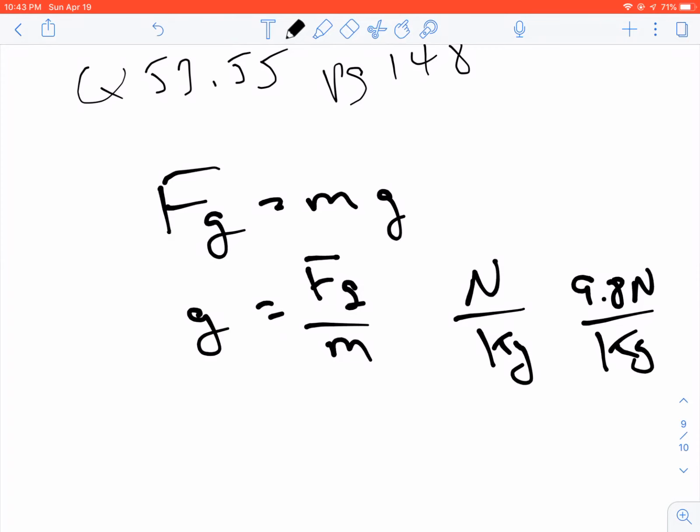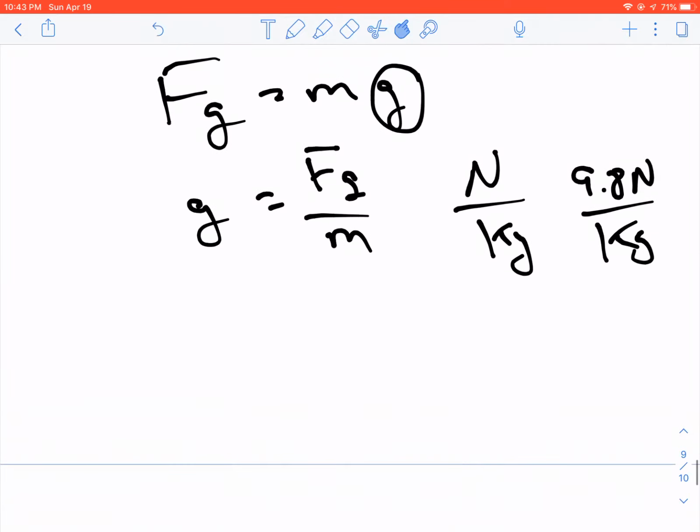And because g is 9.8 newtons per kilogram, when I multiply that by kilograms, mass, I will get an answer in newtons. And that's why g can be a newton per kilogram, even though it also works to be meters per second squared. Now, if I go to the moon and I want to do similar work on the moon, the same thing happens on the moon.